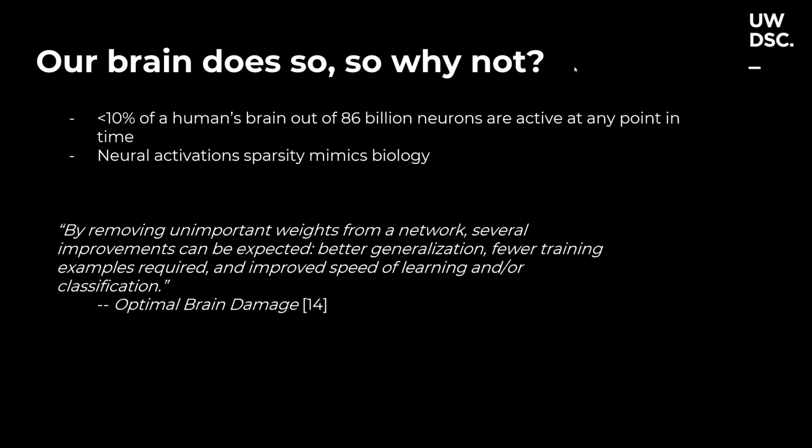Less than 10% of a human's brain is very active at any time, and the remaining 90% or even more are not very active. So what if we can learn from this phenomenon and apply it to our neural networks to make the activation functions more efficient, to make the whole training process easier?